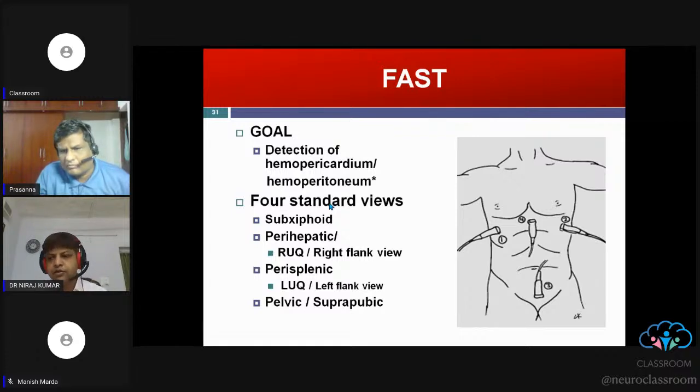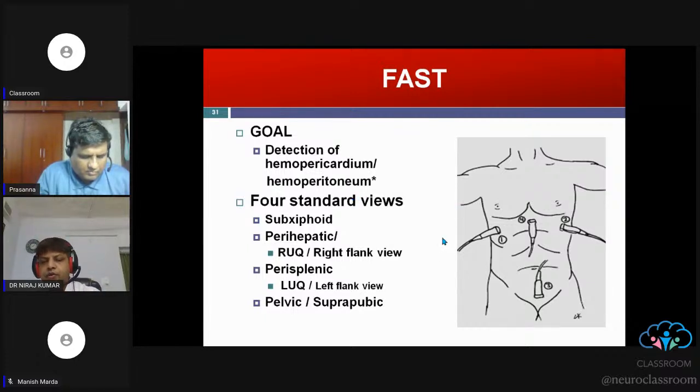The first is the focused assessment by sonography in trauma patients to find out the cause. It is mainly useful to see any case of hemopericardium, hemoperitoneum, or hemothorax also. If you are seeing the chest also, that is called the e-FAST examination. That's a very simple concept. There are four basic views.